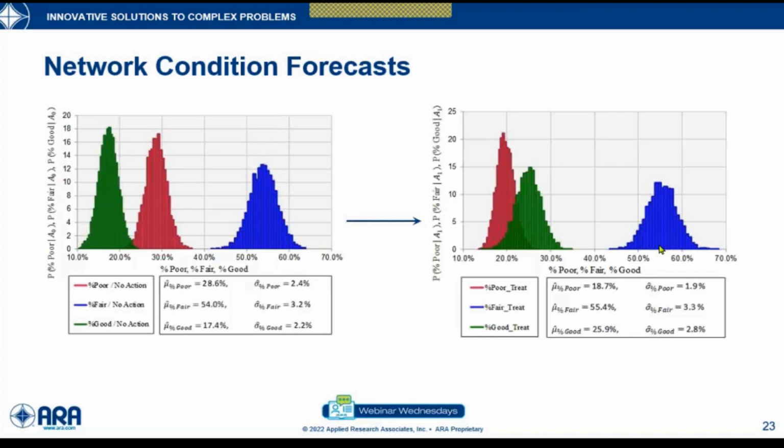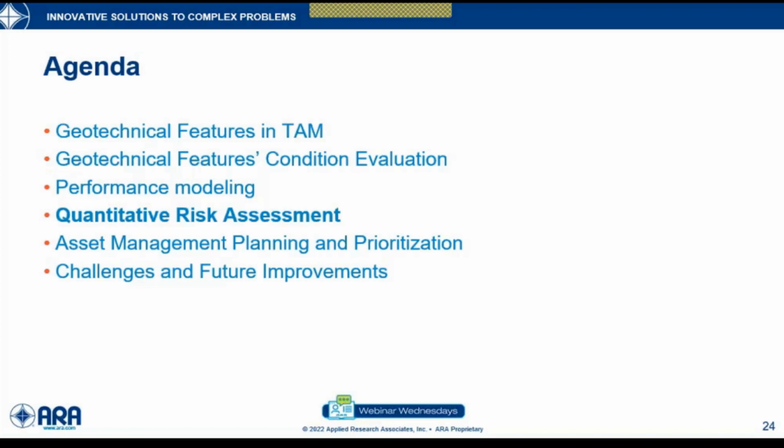After 5 years, you're not necessarily going to see exactly the value that you predicted, for example percent good, fair, or poor. There will be uncertainty associated with that prediction. But what you want to do within any asset management program is to maximize the likelihood of reaching that improved condition state.